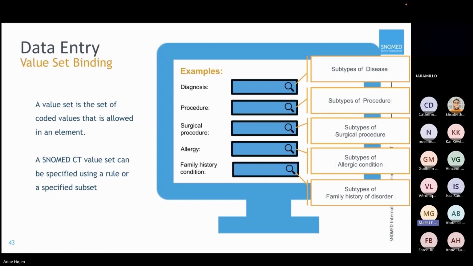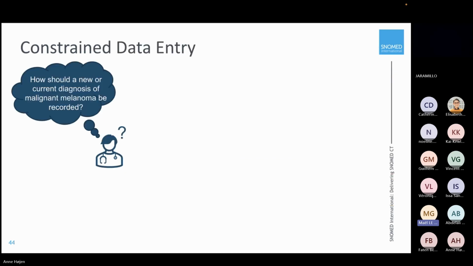And again, this is a clinical implementation role that you're able to specify what are the correct types of meanings that we can capture in this field. And SNOMED CT and the implementer should then assist in defining those rules. So the clinical requirements should come from the clinicians, and then this should be transformed into a SNOMED CT specific requirement.